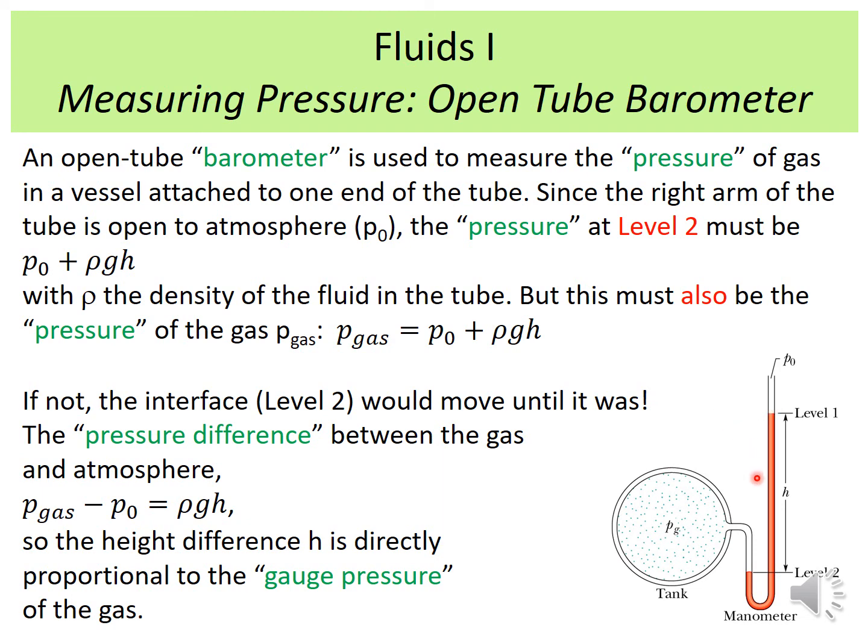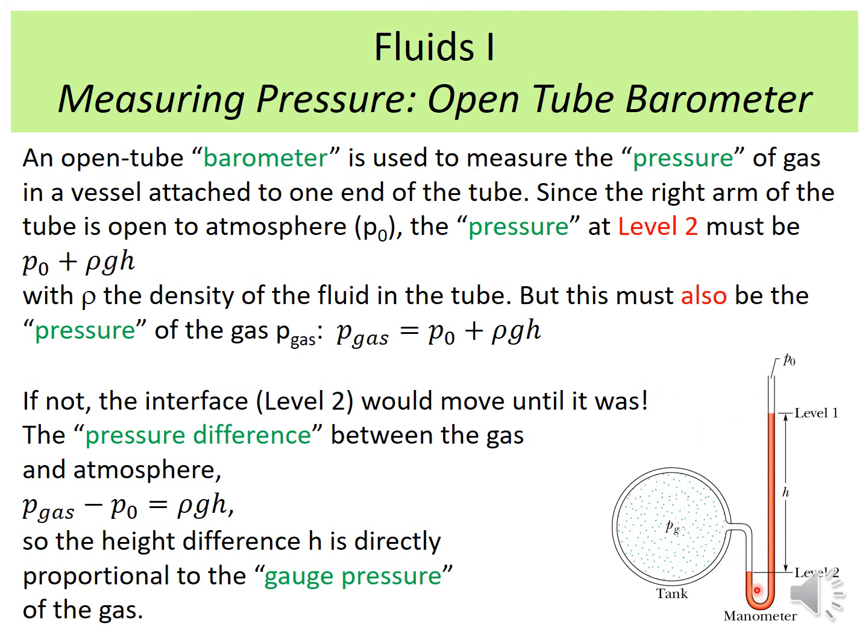What is important is again that the pressure here equals the pressure there, and you can calculate the pressure down here at level 2 as the atmospheric pressure plus rho times G times H, taking the rho of this liquid into consideration.